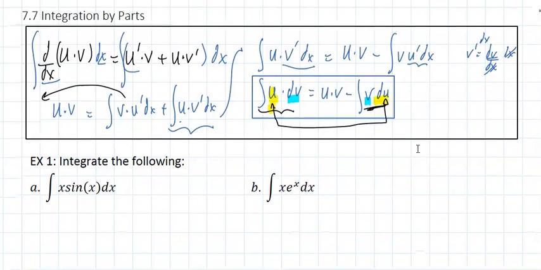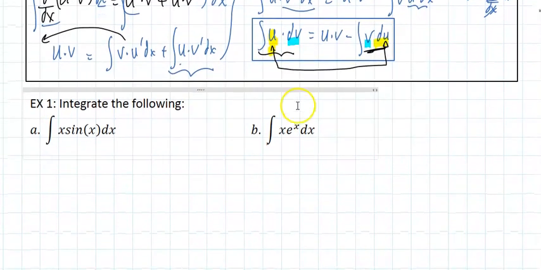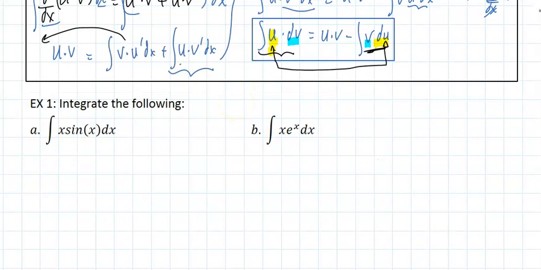So for example, I look at example 1, I see the integral of x times the sine. So I'm thinking, my choice of u would be, if I take a derivative of it, it'll disappear. I know how to take a derivative of an x, and I know how to take a derivative of a sine, but x times sine is very hard to do.